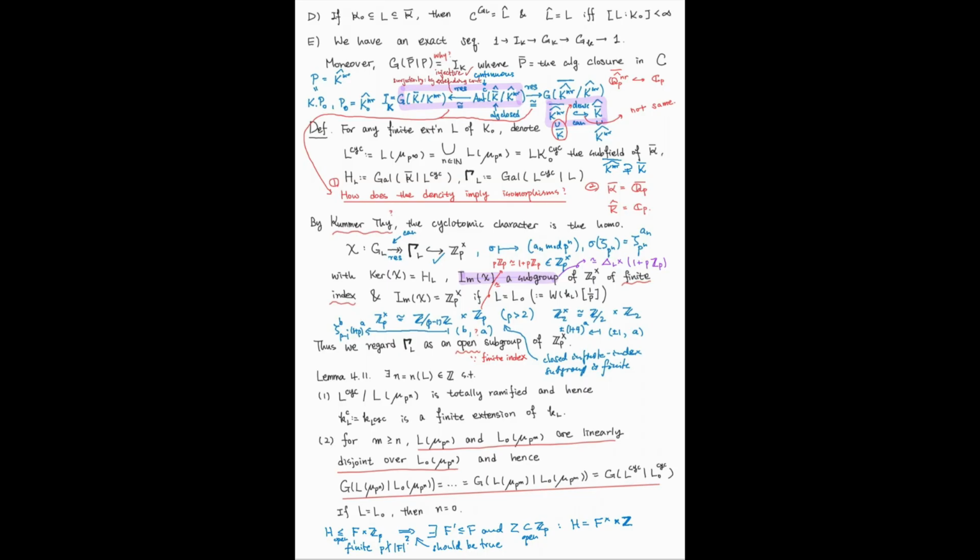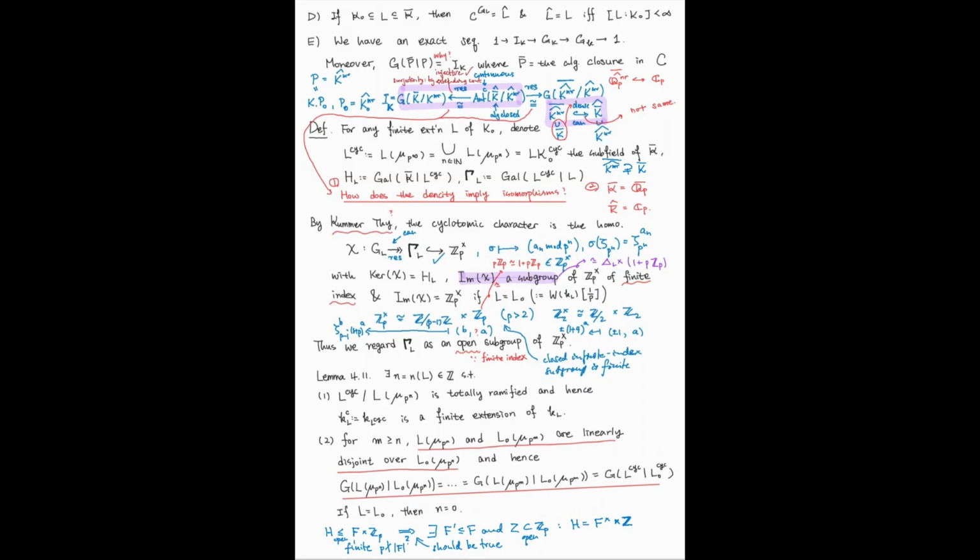And I claim that this is the same. Here we take first the algebraic closure and then we complete. But we know this one is algebraically closed. Now, I think this is also the same.